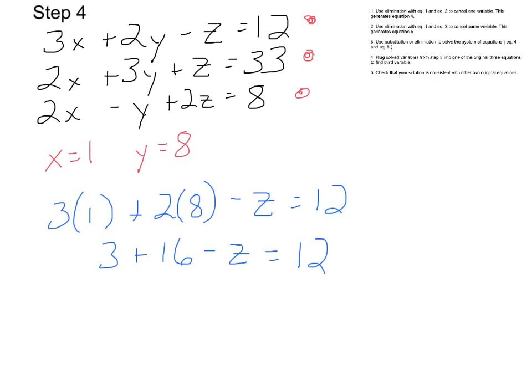And with a little calculation, we wind up arriving at z equals 7. This tells us that our final solution is 1, 8, 7. x equals 1, y equals 8, and z equals 7.